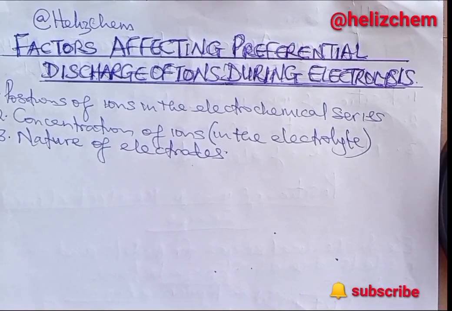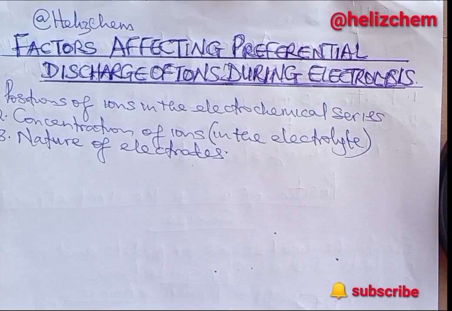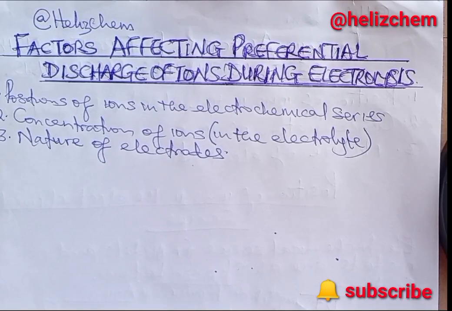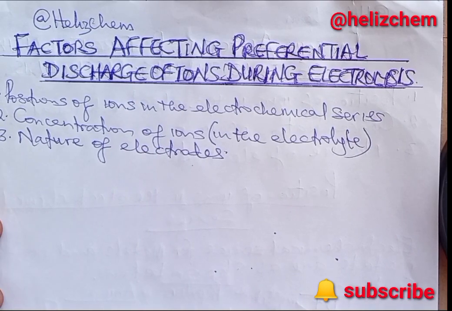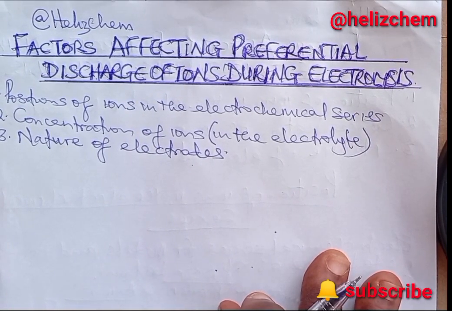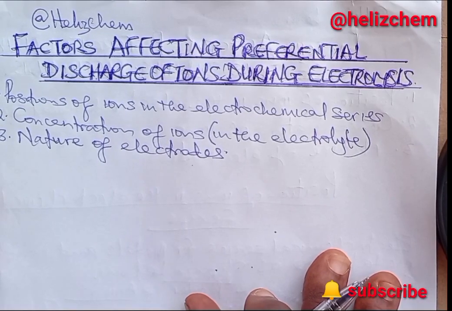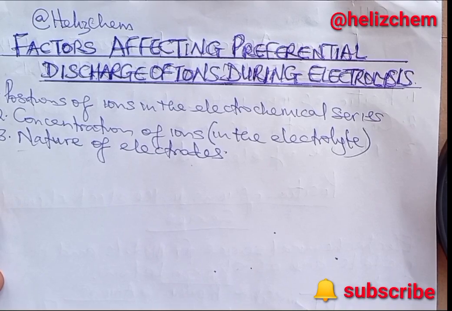Today we want to look at factors affecting preferential discharge of ions during electrolysis. In my last video, I talked on position of ions in the electrochemical series, and I promised you guys that I'll be talking on the other factors, which are concentration of ions in the electrolyte and nature of electrode.